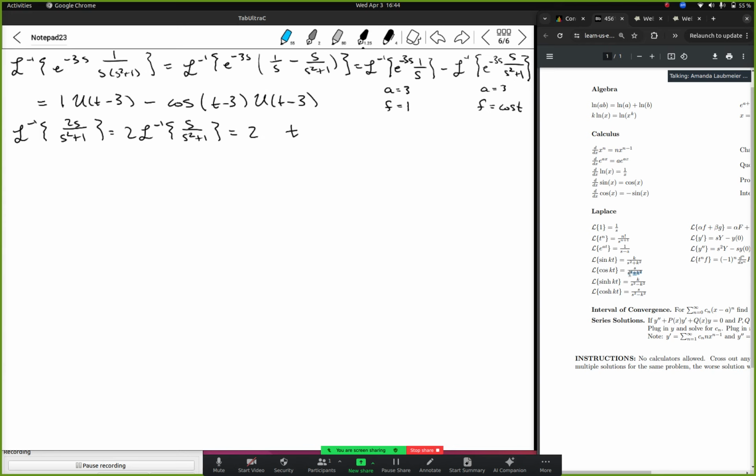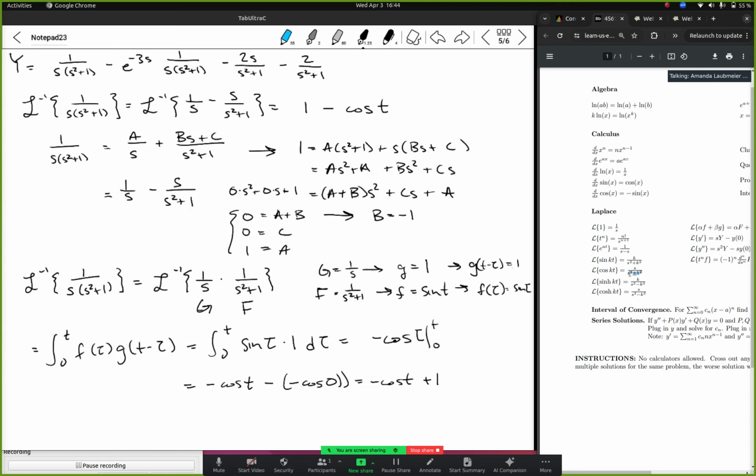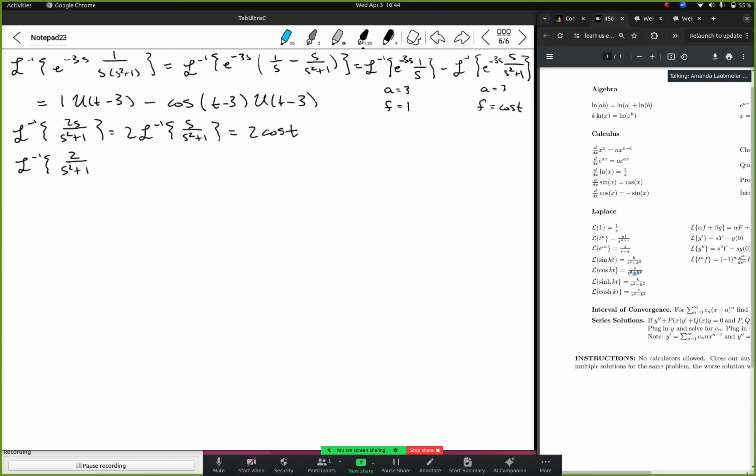It's cosine t from our table. And then L inverse of, I guess the last one must be 2 over s squared plus 1. Yep. Is just going to be 2 L inverse of 1 over s squared plus 1. Now I get to use that sine that I was pretty excited about, 2 sine t.